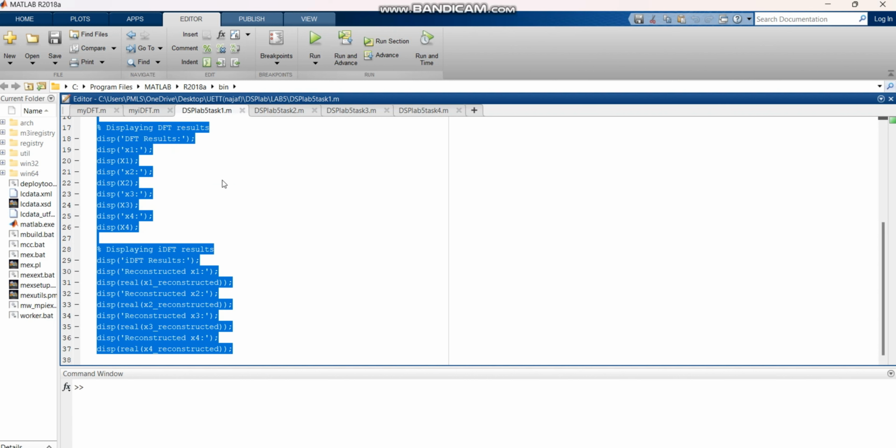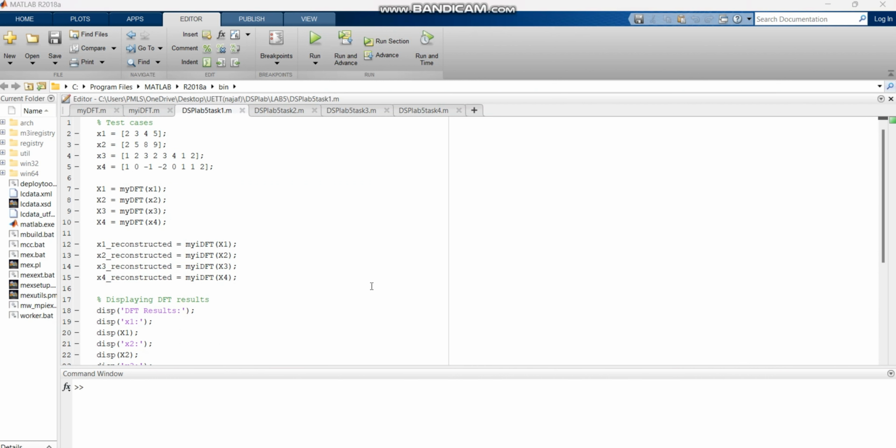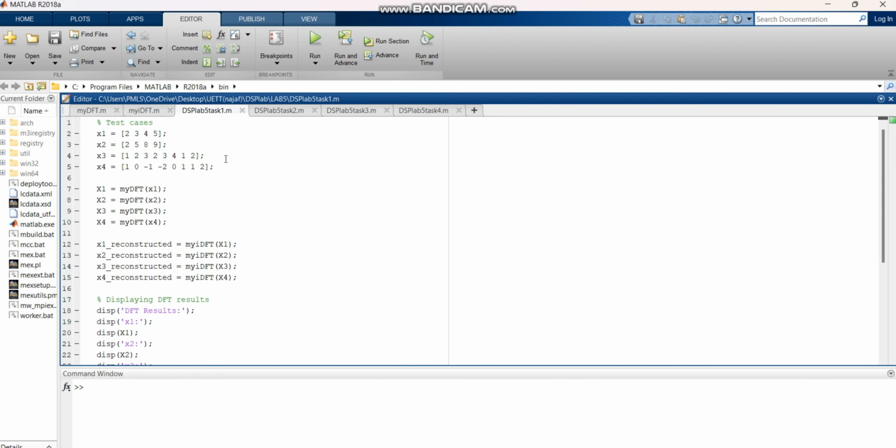Now, moving on to the task. We have four test cases x1, x2, x3, and x4 that are defined as the input signals. The discrete Fourier transform of each input signal is computed using the myDFT function, resulting in capital X1, X2, X3, and X4.